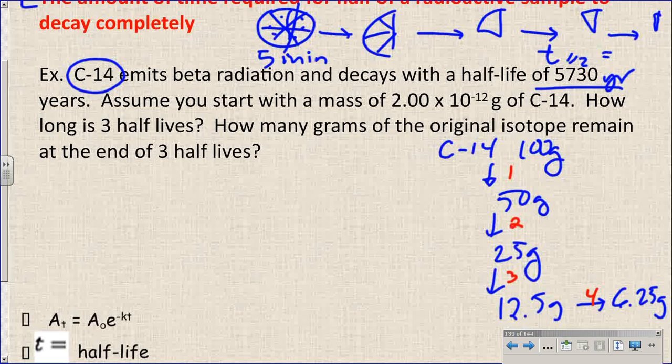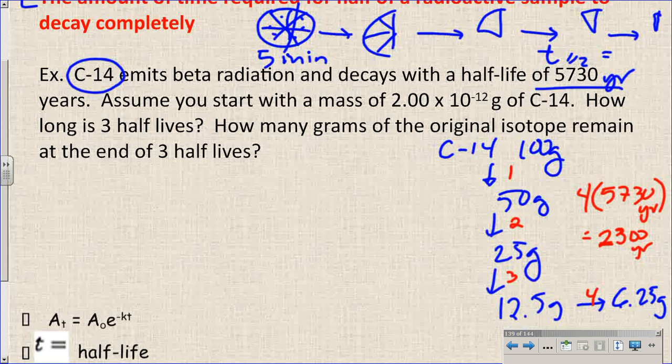If I really wanted you to do some math, I would ask how many years have passed to get to 6.25 grams. So what would you have to do? Yeah, 4 times 5,730 years, which is around 23,000 years, some change. You can keep going, but I'm going to stop. Okay, so it's going to take a long time.